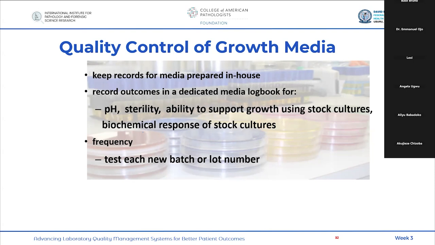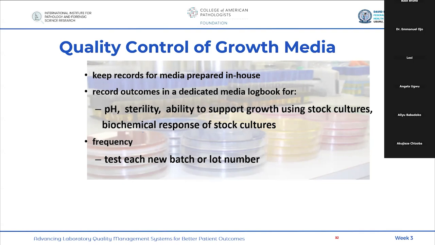The date it was produced, the dates of expiration, which we are not supposed to keep beyond, and the storage temperature. So all of these should be part of each batch of media that is prepared in the lab. And all of these are recorded in a dedicated media logbook.